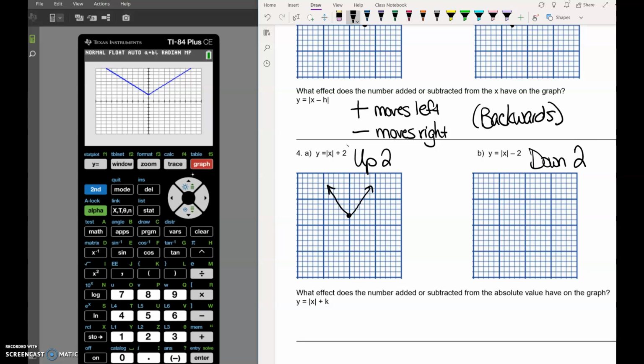Do you see how up and down movement are completely normal? Plus, up, minus, down. So at the bottom here, plus, up, minus, down. You might want to add that this is what you would expect. That's normal. Inside the absolute value bars, crazy town, backwardsville. Outside of the absolute value bars, perfectly normal.